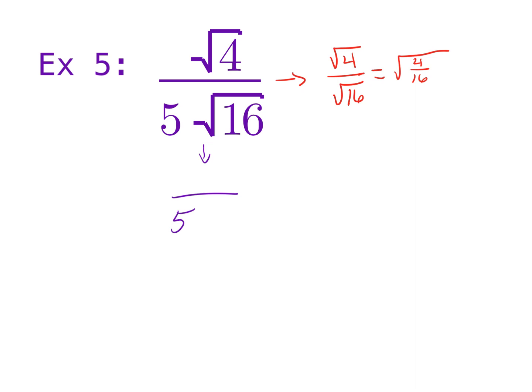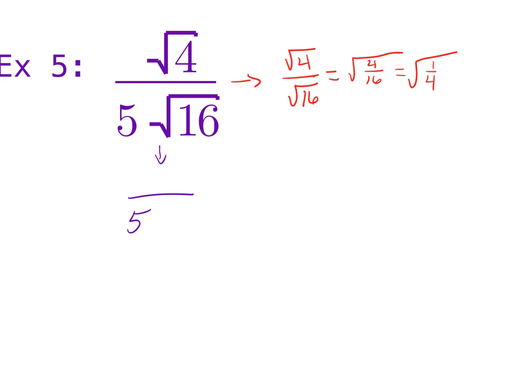So do 4 divided by 16. Tell me what you get. Okay, so 0.25. Go ahead and make it a fraction again, because we want to stay away from decimals for this purpose. 1 over 4. So it's going to be a square root of 1 over 4.